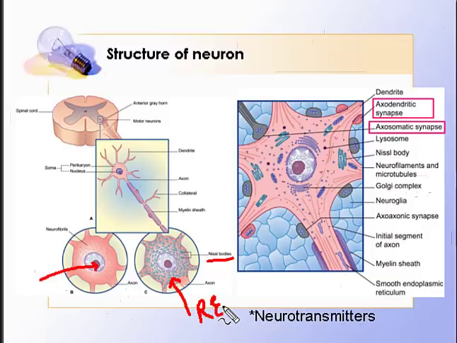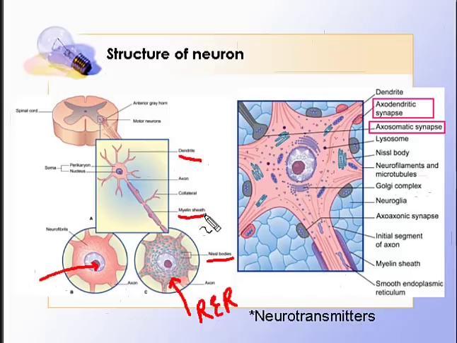Rough endoplasmic reticulum synthesizes proteins, and so these Nissl's granules which are present here, these represent rough endoplasmic reticulum. Then you can see that these are the dendritic processes. And then of course you have one axonal process present here, and in this case the axonal process has a myelin sheath, which we'll learn a little bit more about myelin.